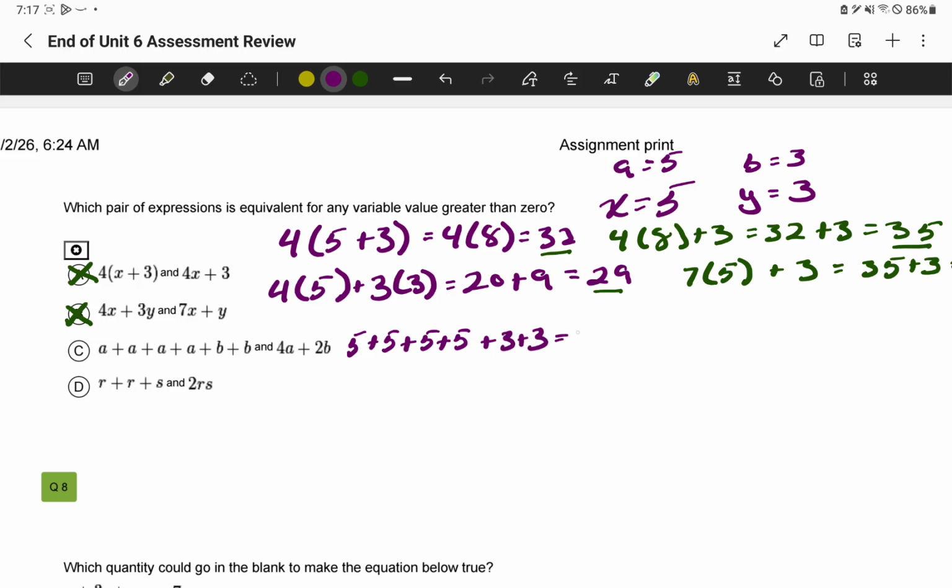Well, 5 and 5 is 10. And 5 and 5 is 10. And 3 and 3 is 6. Well, 10 plus 10 is 20, plus 6 is 26. And that should have been an equal sign, not a plus sign. Might as well fix the 2 while I'm at it.